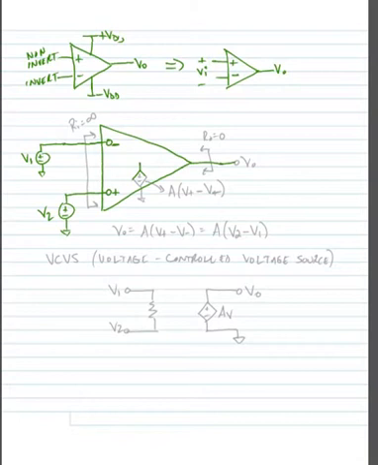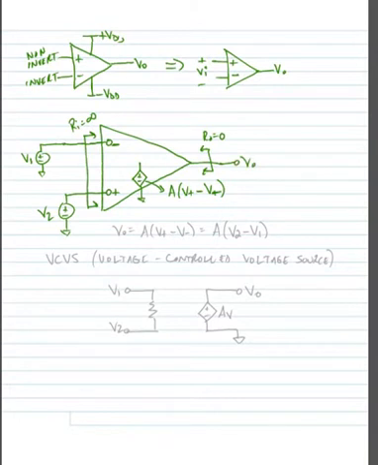Internal to the operational amplifier, we have a voltage-dependent voltage source. And the voltage-dependent voltage source is equal to A times whatever is on the non-inverting terminal minus whatever is on the inverting terminal. And of course, our ideal amplifier has an R out equal to 0 and an R in differentially that's equal to infinity.